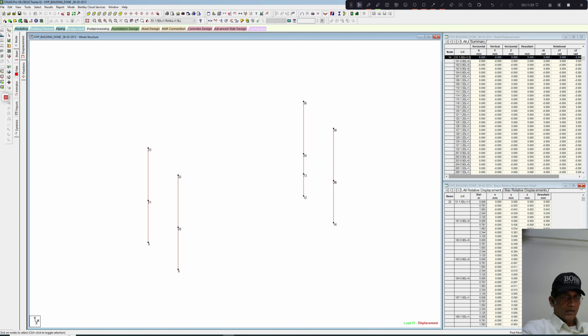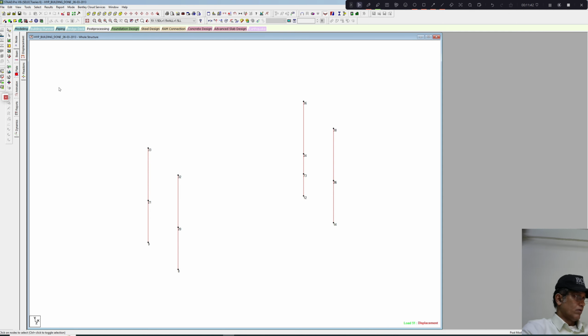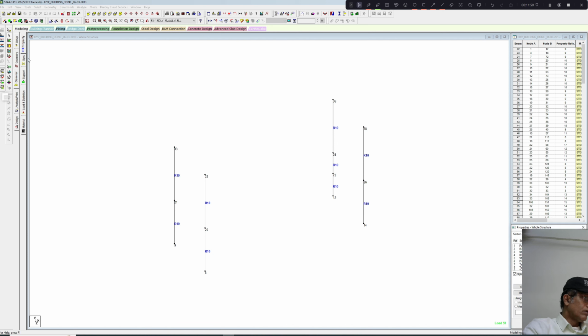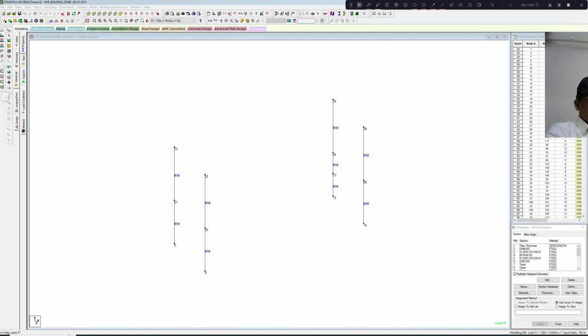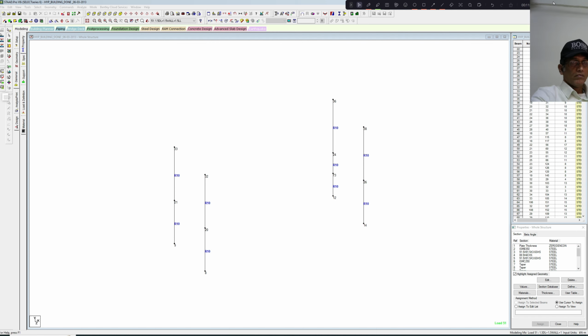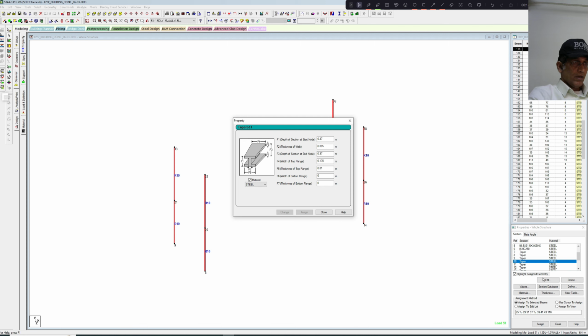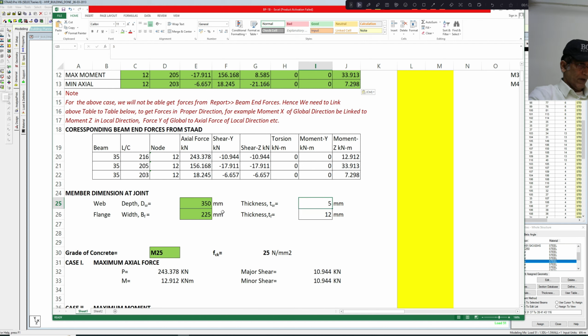What are the section sizes? Go to property, modeling, general, property. So the size is 350 by 5 for the web and 175 by 10 for the flange.